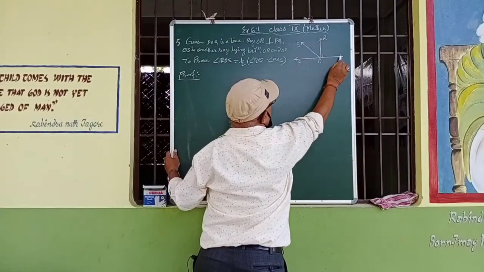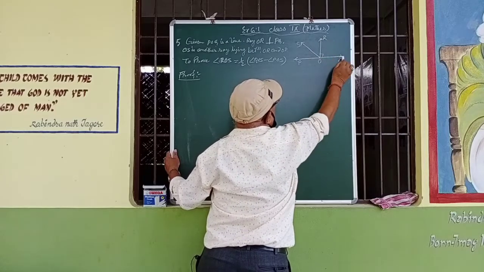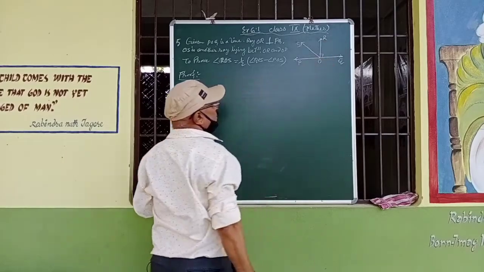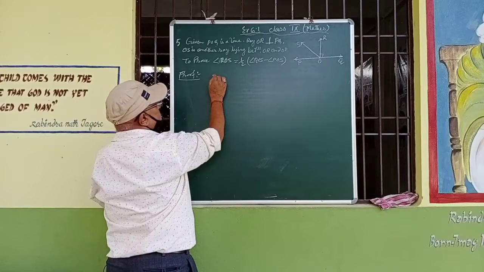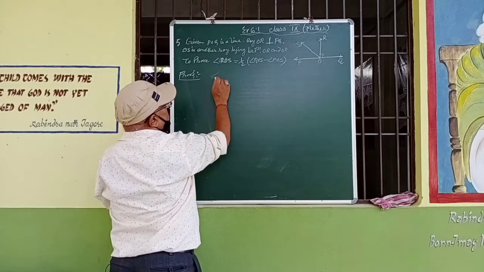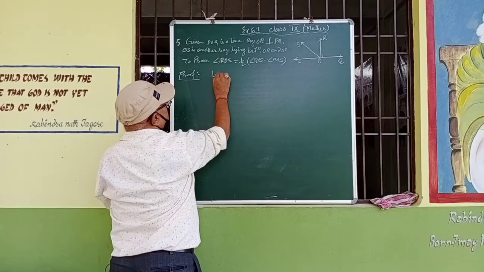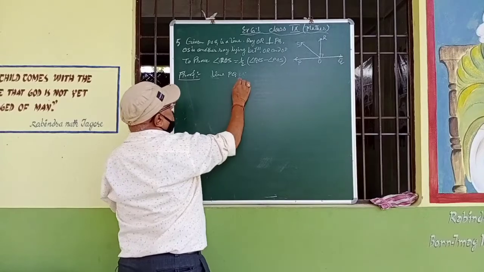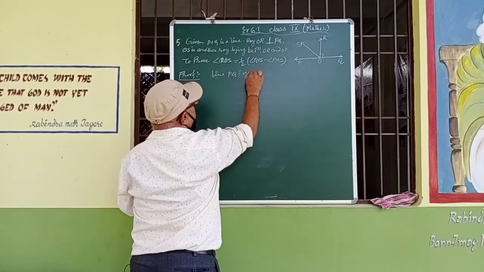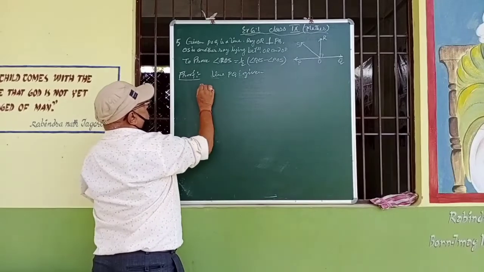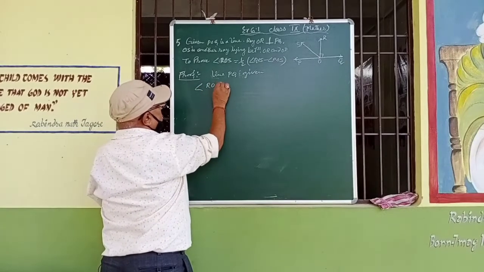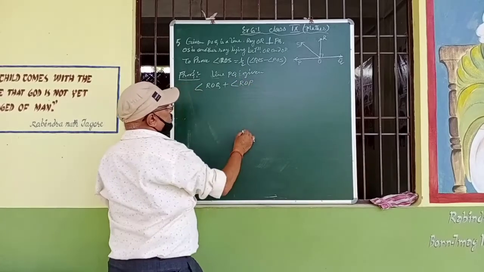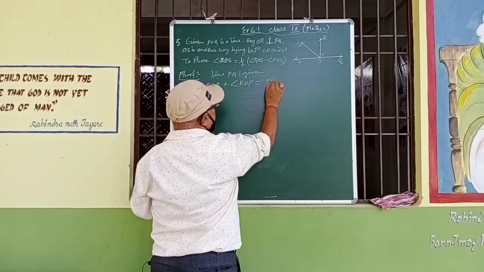OR is perpendicular on PQ, therefore ROQ angle is 90 degree and ROP also 90 degree. Line PQ, it is given, therefore angle ROQ plus angle ROP is equal to 180 degree.